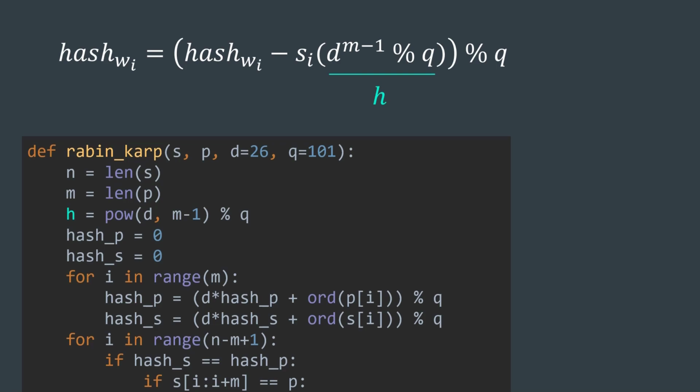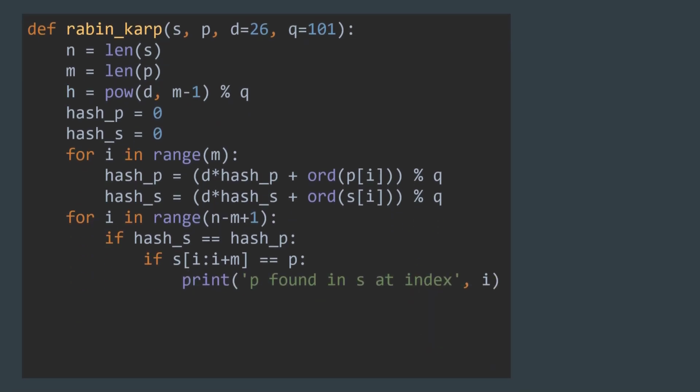And after comparing, we have to update. Note that we don't update in the last iteration because in the last iteration there is no iteration coming after it, so no need to update. We can't even update because there is no new character to add, so we add this condition. We must be before the last iteration.